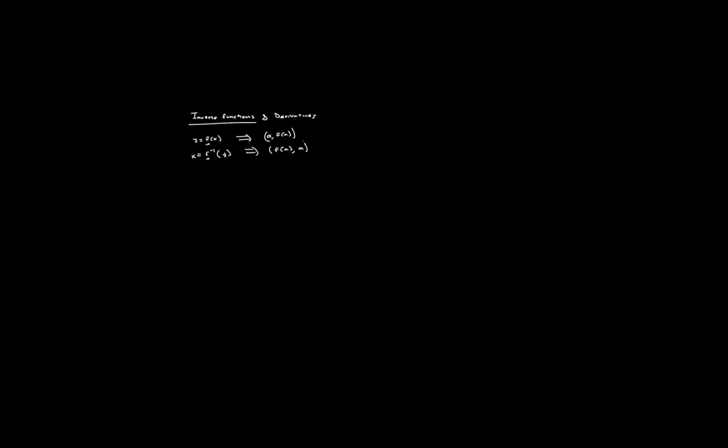And if you know something of geometry, a comma f of a, and then on the inverse function, that point being f of a comma a, this is the same thing as reflecting across the y is equal to x line.